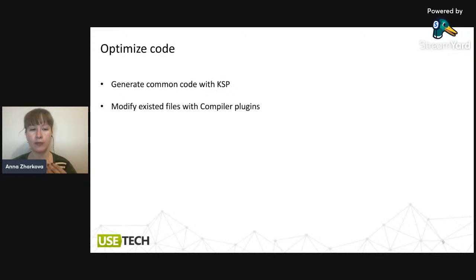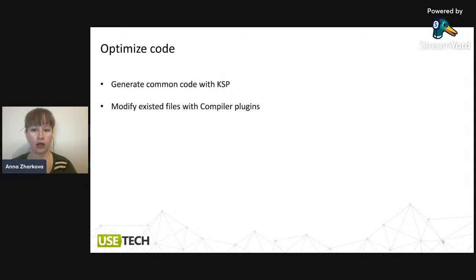So to optimize our code the same way, we need to create something that will also support multi-platform and could be used for both platforms, because you cannot use Android specific code for iOS.